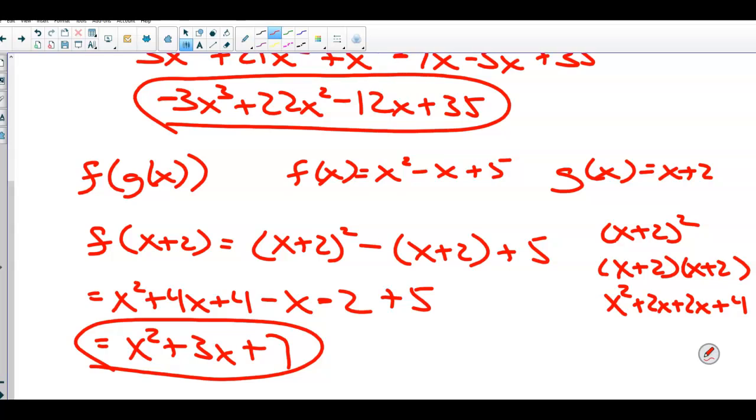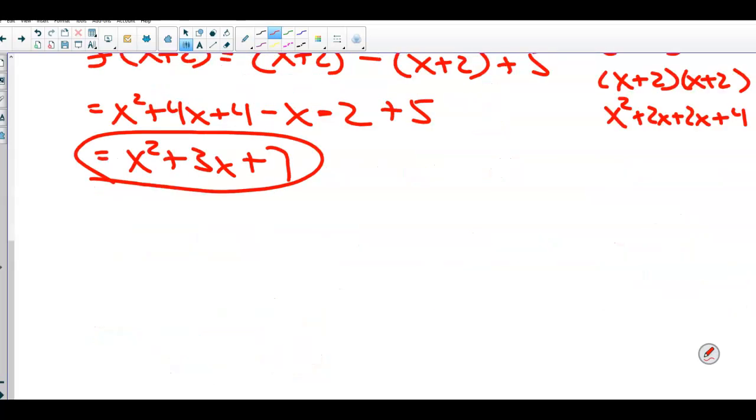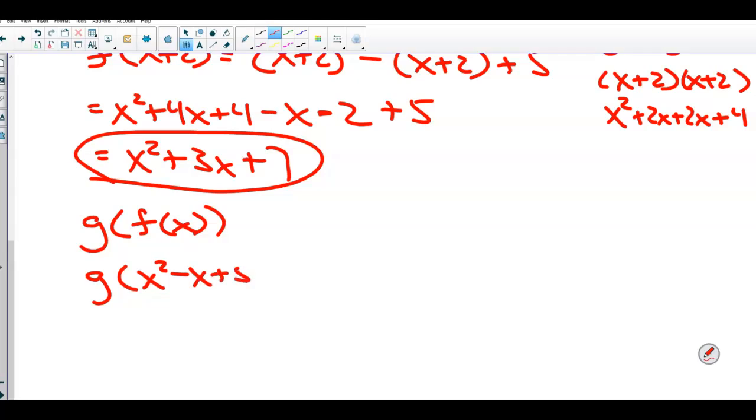Now when we reverse the order, on the next one, we get g of f of x. My f of x here happens to be x squared minus x plus 5. So now for my g of x, wherever I see x, I plug in x squared minus x plus 5.